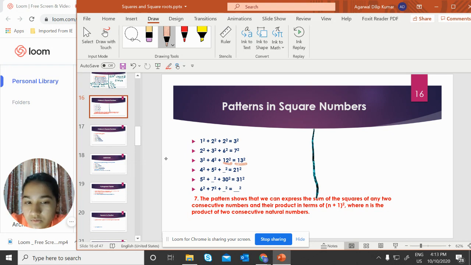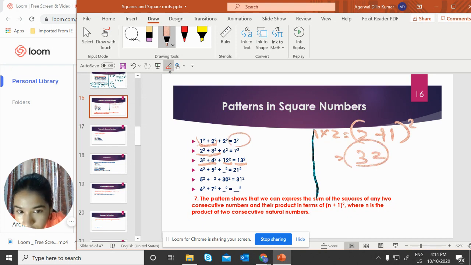So the first numbers we are going to take are these. These are a few questions to be answered by you. So what does it say? Here, what is n? The product of these two numbers. 1 into 2 is how much? 2. 2 plus 1 is 3, so this is 3 square.